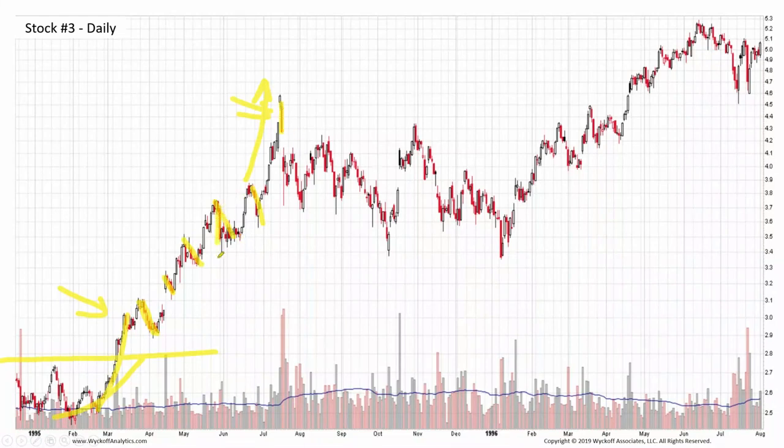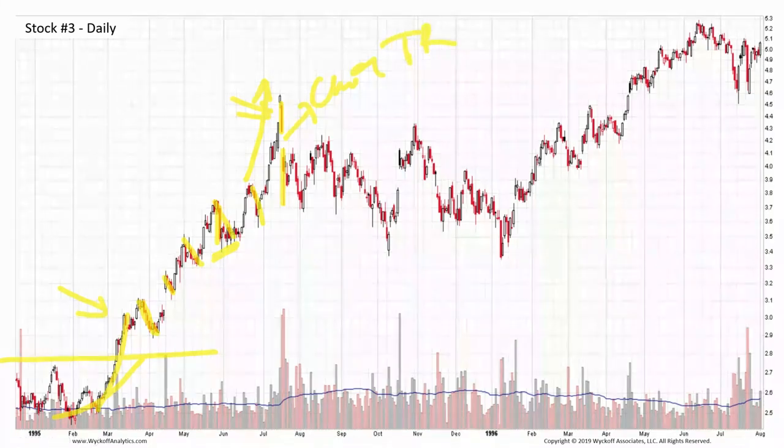This was also a change of character bar, but nothing happened. This one actually follows through. So this becomes a change of character, and then we know that we're going into a trading range.